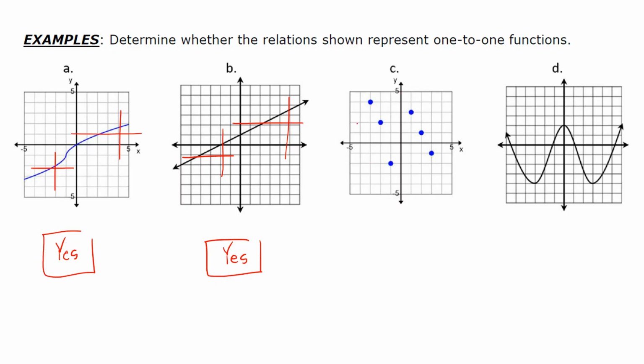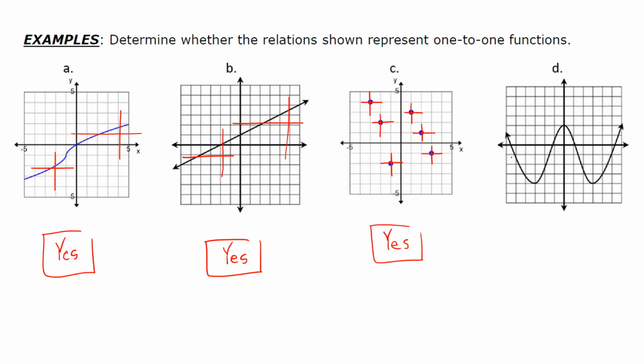So for this relation, we just have points. So our horizontal line, there's no other point on all of these horizontal lines. Then we'll check the vertical. There's no other point on any of these vertical lines. So yes, this is a one-to-one function.